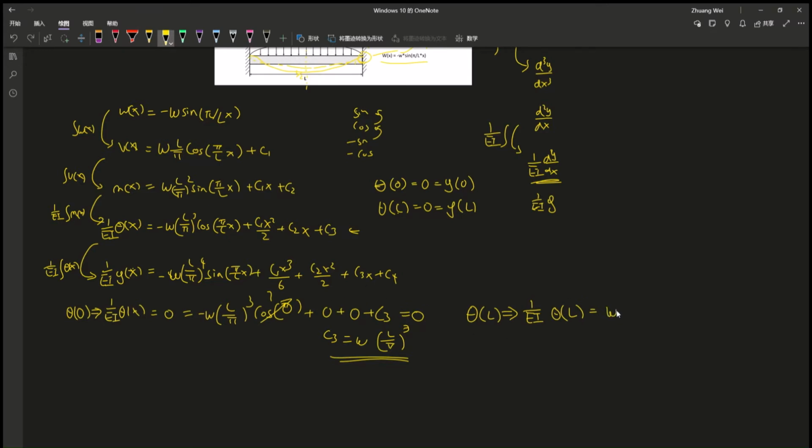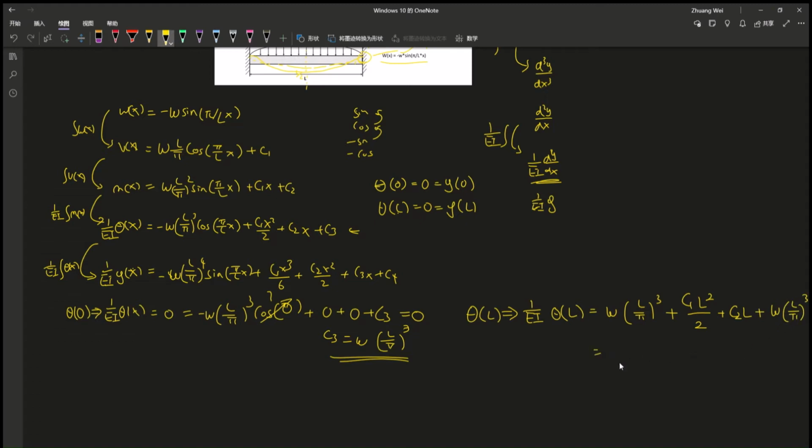So this is going to be W over L over pi to the power of 3. Negative 1 cancels with the negative sign in front of it, plus C1 L to the power of 2 over 2, plus C2 L plus C3, which is W over pi, L over pi to the power of 3.